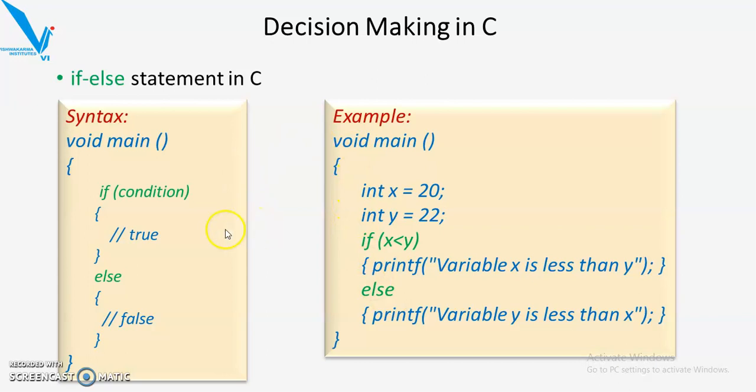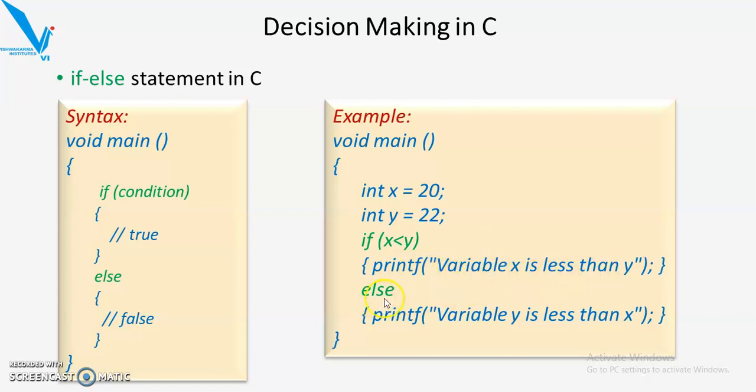Here we are having int, again the same example, int x assigned 20 and int y assigned 22, and we are having the first if condition, that is x is less than y. Inside the body we are going to print "variable x is less than y".